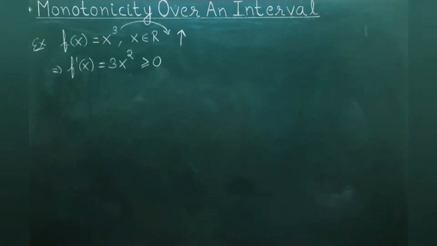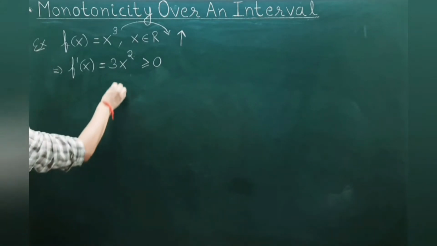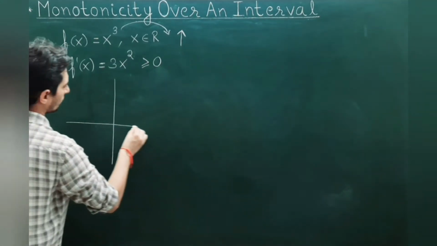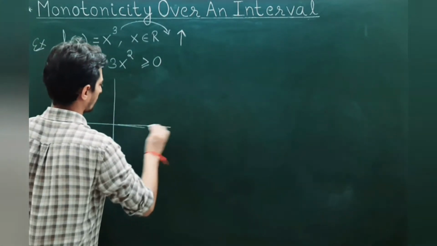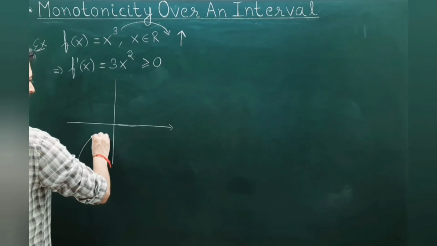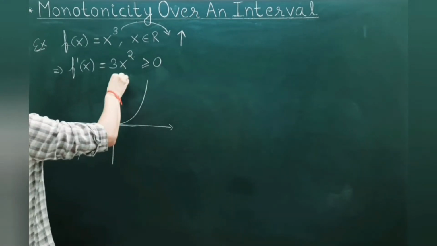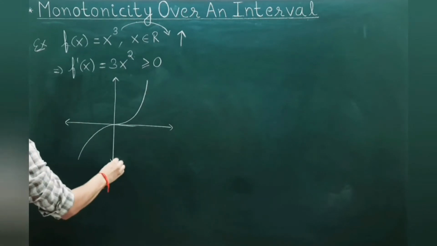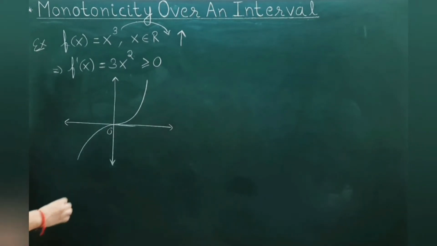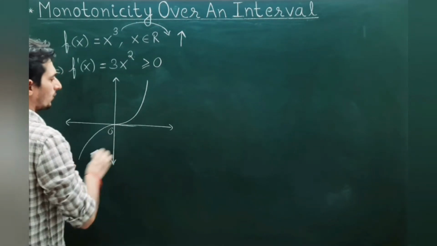So you can also look at its graph, and you are very much familiar with that. The graph of x cube is like this, and from the graph you can see that x cube is a strictly increasing function. Derivative is everywhere positive except at x equals 0.